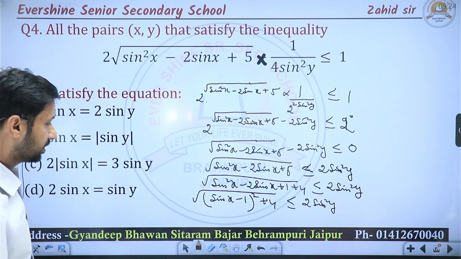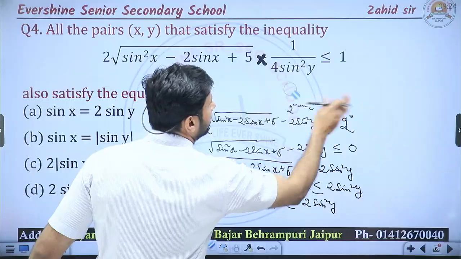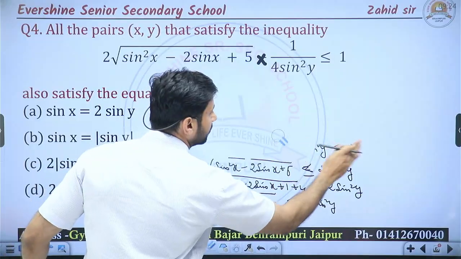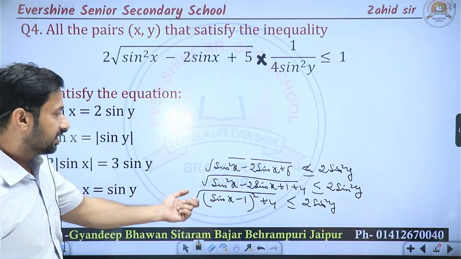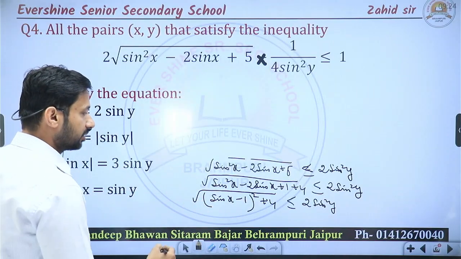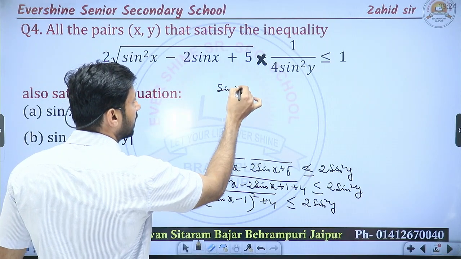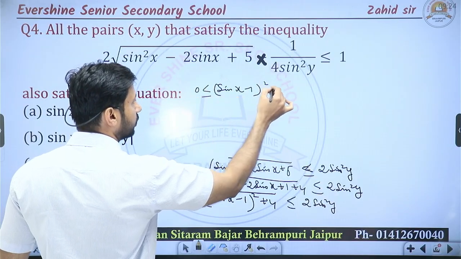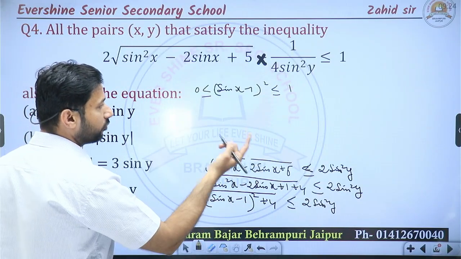First I am taking LHS. Now in LHS we are having this value. So sine x minus 1 whole square is always lying from 0 to 1. Okay, now I'm adding 4 both sides.